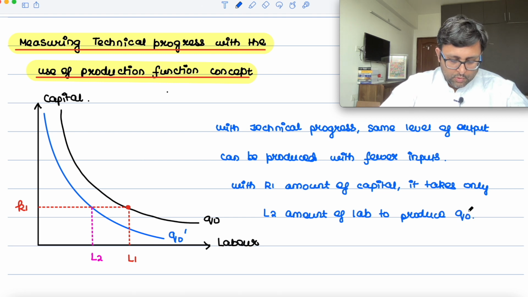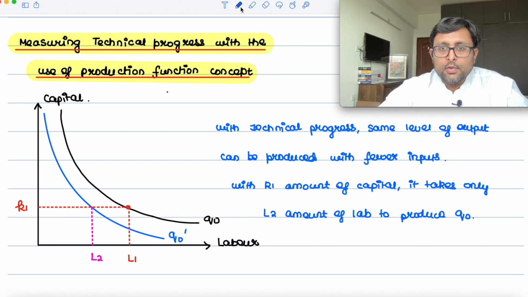Okay. Acha, you tell me one thing. One more thing I just want to write. I hope you understood this, that this isoquant has shifted inwards, although it is producing the same level of output, but it is using fewer inputs.